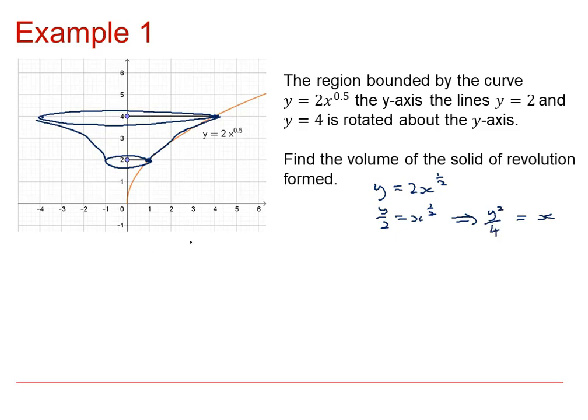So when we come to do our volume, V would be the integral of pi, and it's x that we're squaring this time, so that would be y squared over 4, squared. Don't forget it's dy, y is the variable, and we're going from y equals 2 to y equals 4.